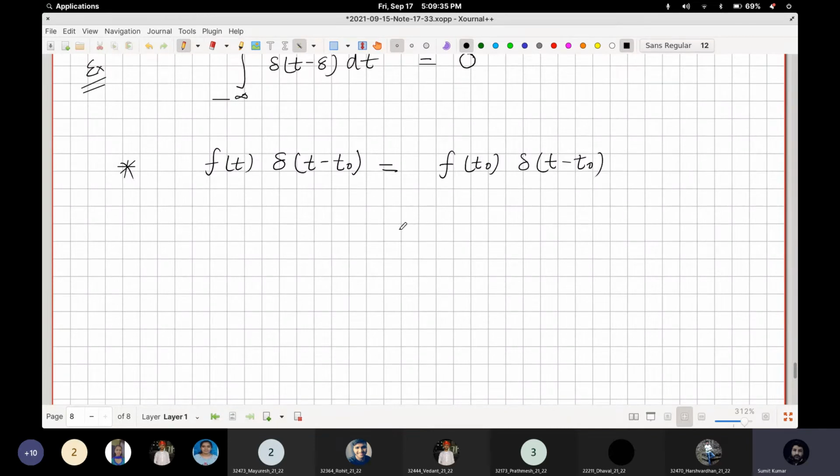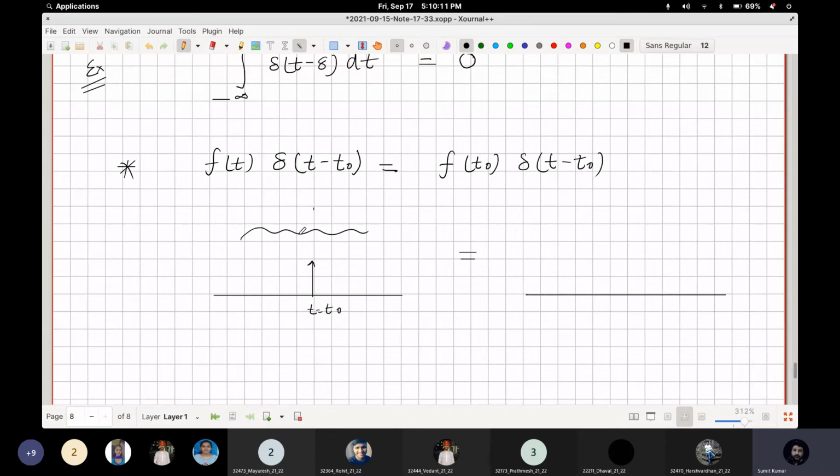So f(t naught). Okay. So you can see that this is your function, and let's say you are multiplying this with the impulse which is located at this point. Let's say t is equal to t naught. I'm not drawing this to scale. Now you can see that the resultant will be an impulse only, isn't it? What will be its result? Everywhere this is going to be 0, right? Because this is 0 everywhere except t equal to t naught.